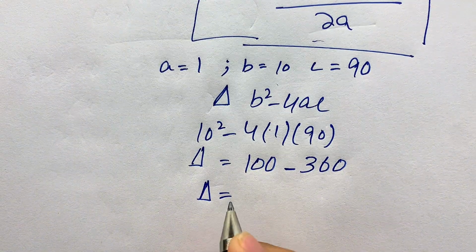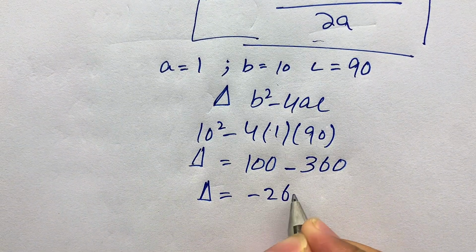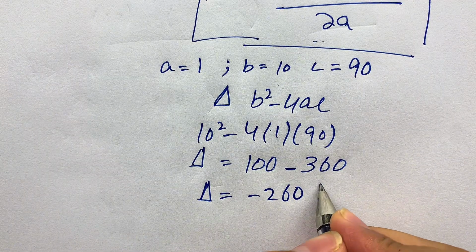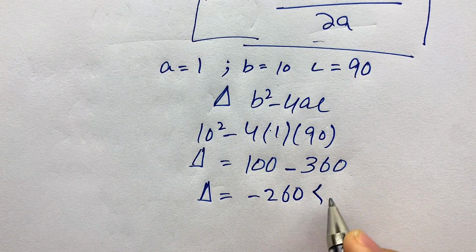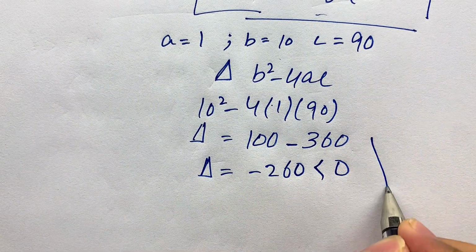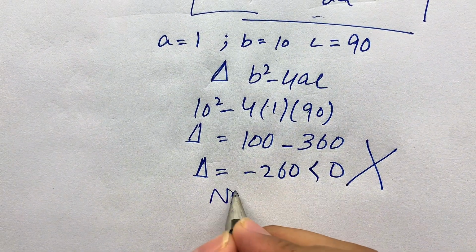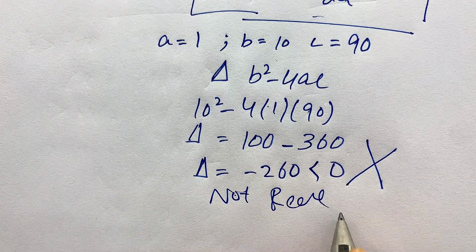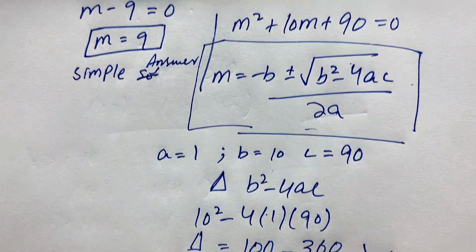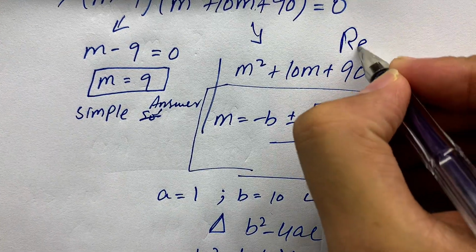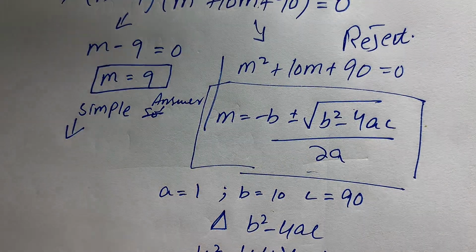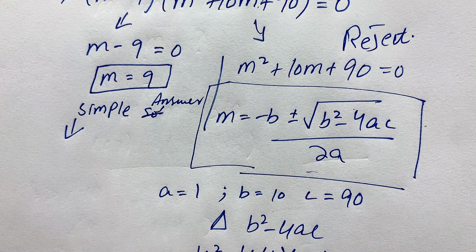This will be −260, and this is less than 0. So this is rejected and this is not a real solution for this question. This side is rejected.